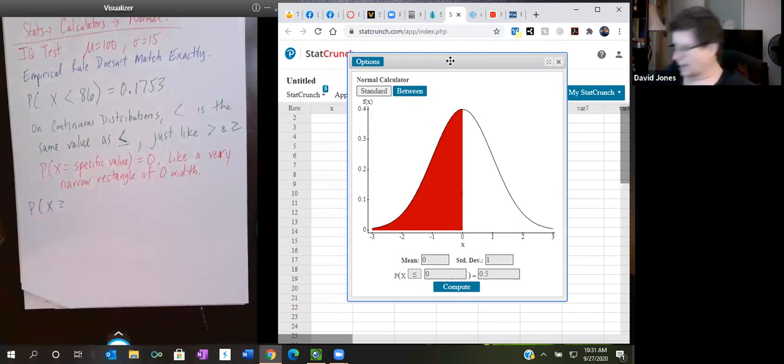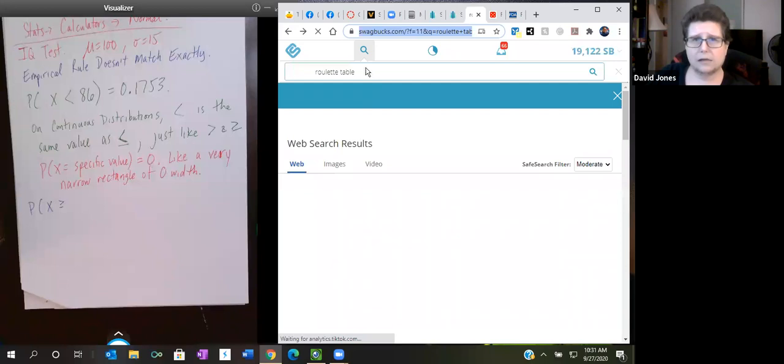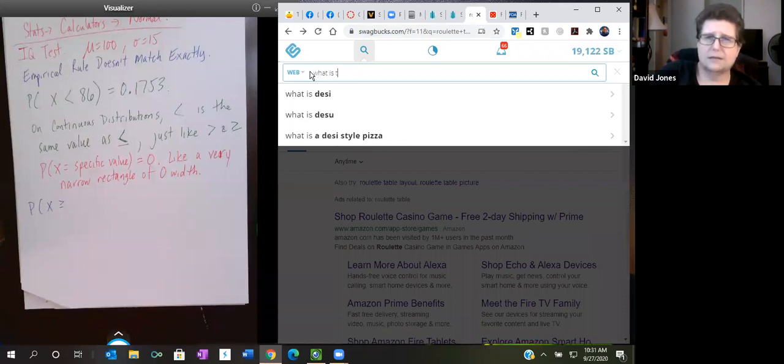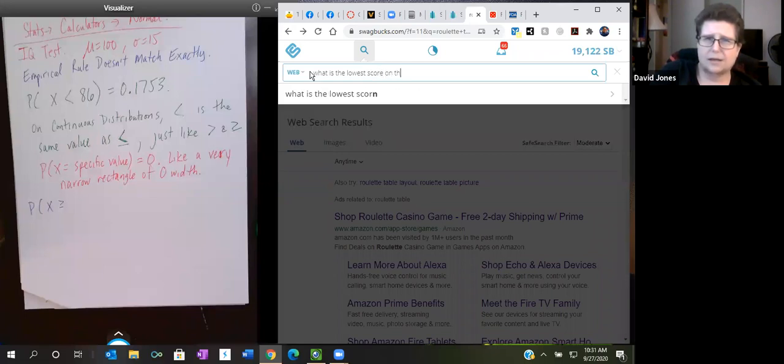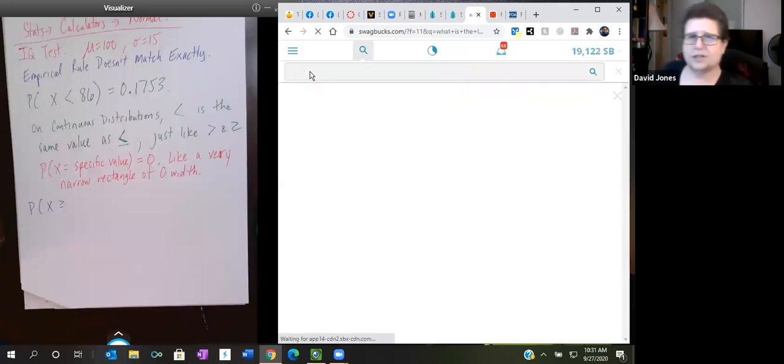What's considered intelligence or genius IQ? Let's look that up. What is the lowest score on the IQ test for a genius? What do we call a genius?